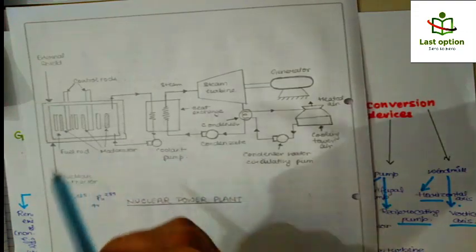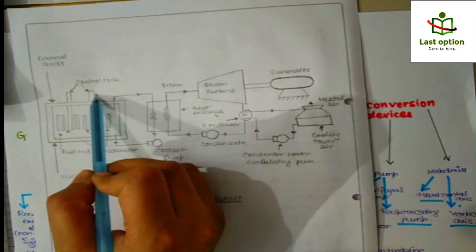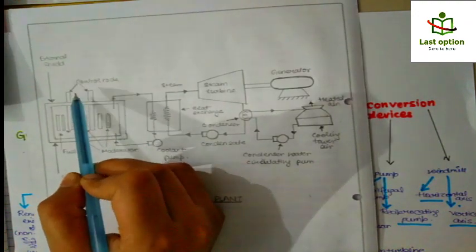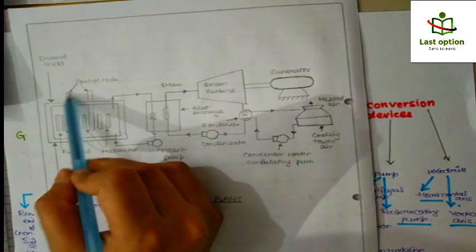Then we have control rods. These control rods are made up of boron and cadmium, and their main function is to absorb the neutrons.